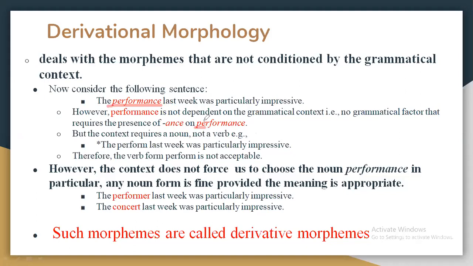Okay, let's forget about morphemes, right? We don't need it right now. We are not making perform into performance because of grammatical condition. Are you clear?